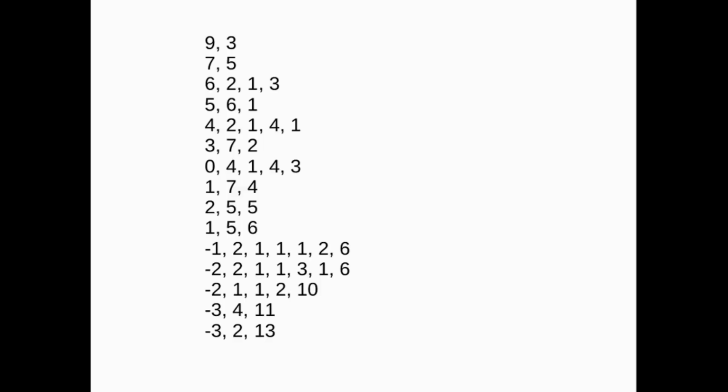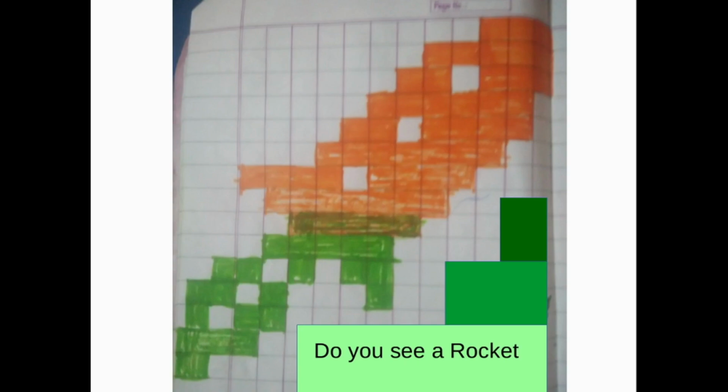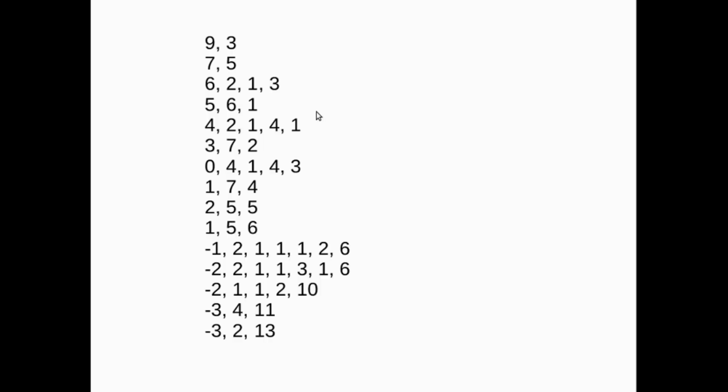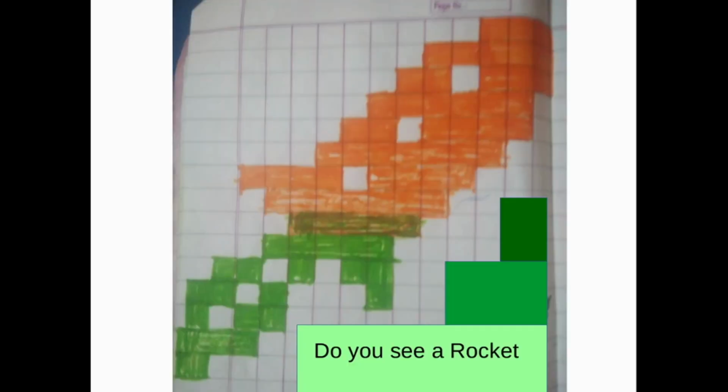So let's come back here again. 7, 5. So we can see now this time 7 in the second row. 7 blocks are blank. 1, 2, 3, 4, 5, 6, 7. And then 5 are filled. 1, 2, 3, 4, 5. Then let's go back. 6, 2, 1, 3. So that means the first number tells us how many blank spaces.